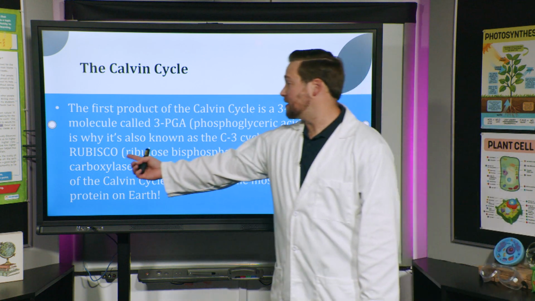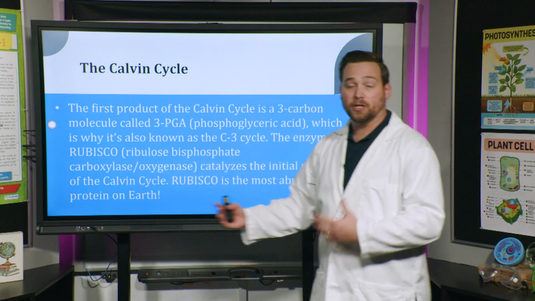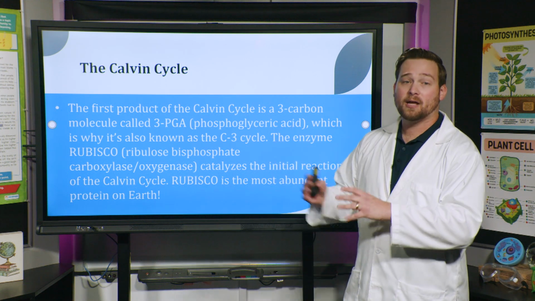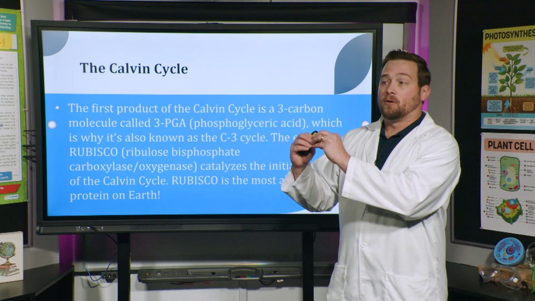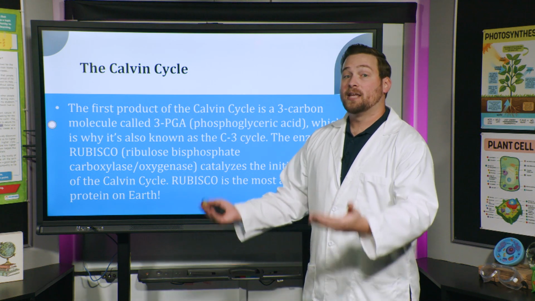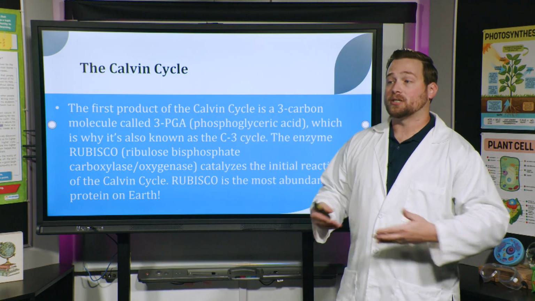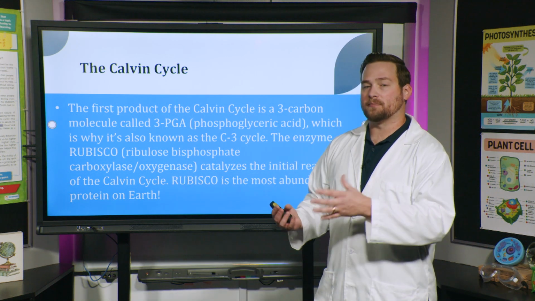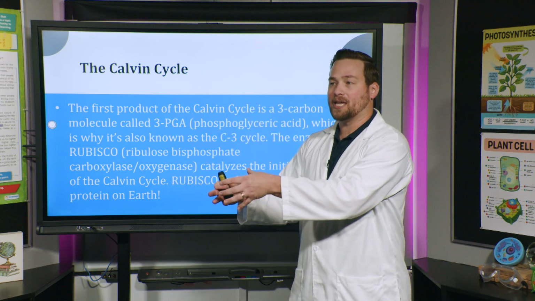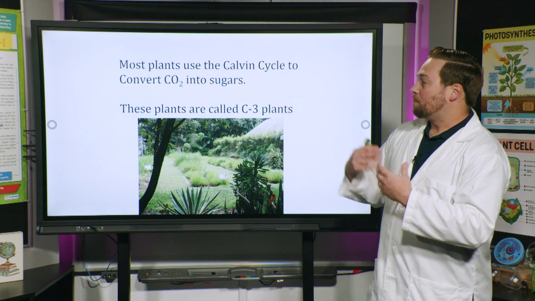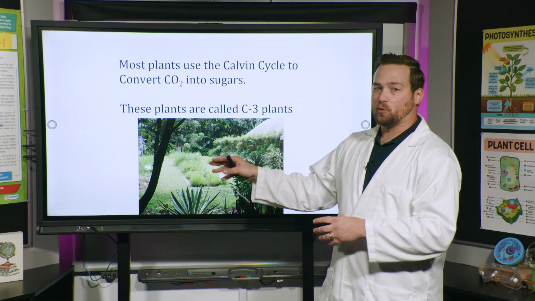What's going on here is this rubisco is really, really good at helping this whole photosynthesis process, but photosynthesis was developed when there wasn't much oxygen in the atmosphere. Today, now that there's so much oxygen in the atmosphere, the rubisco kind of gets confused, and sometimes it takes oxygen and starts breaking it down instead of the carbon dioxide. We'll compare that to the C4 here in just a second.